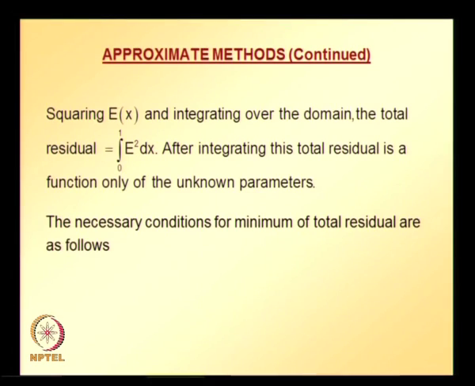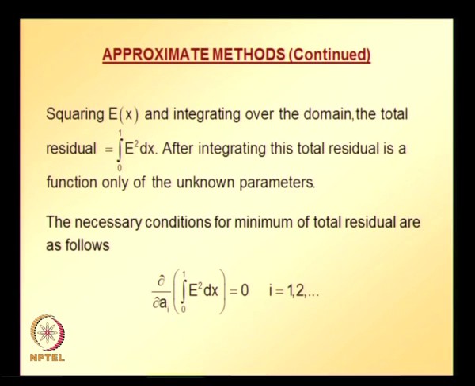Same logic we are going to use here. I want to find A2 in such a way that this total residual is minimum, and the total residual is a function of A2. So the necessary condition is that the partial derivative of this total residual with respect to this unknown parameter is equal to 0. So the necessary condition for minimum of total residual is as follows: partial derivative of total residual with respect to unknown parameters.